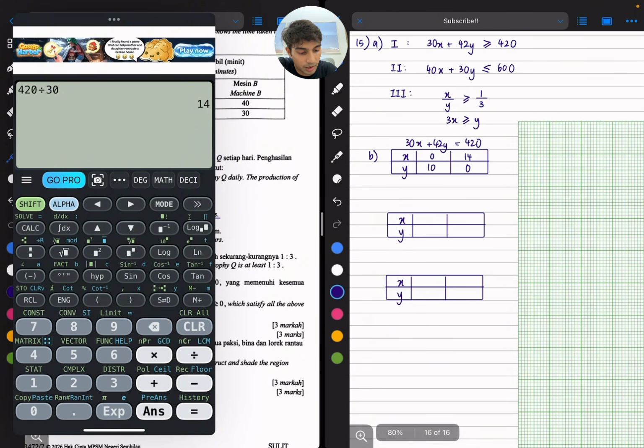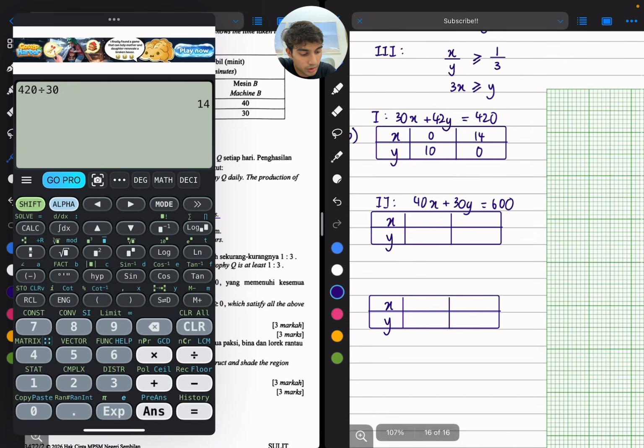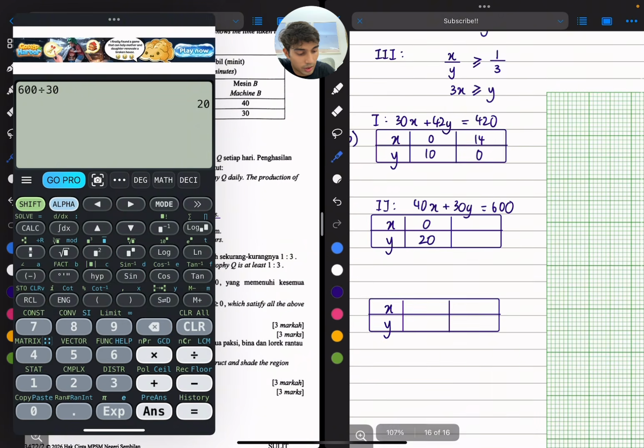Then we do the same thing for number 2 and 3. So 40x plus 30y equals 600. When x is 0, 600 divided by 30, you get 20. When y is 0, 600 divided by 40, we get 15.